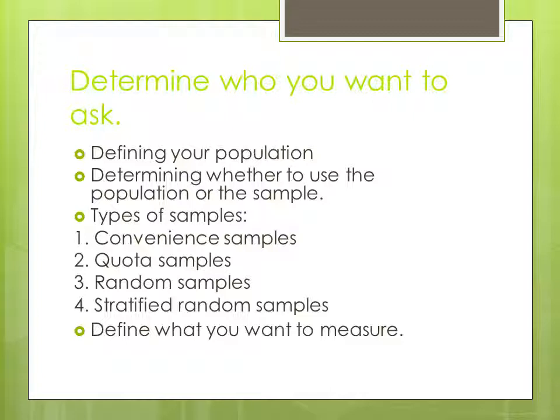A little thing to know about assessment in higher education, and research in higher education in general, is that it's far easier to get women to participate than it is men. It's very difficult to get men to participate in surveys and in other types of assessment activities.